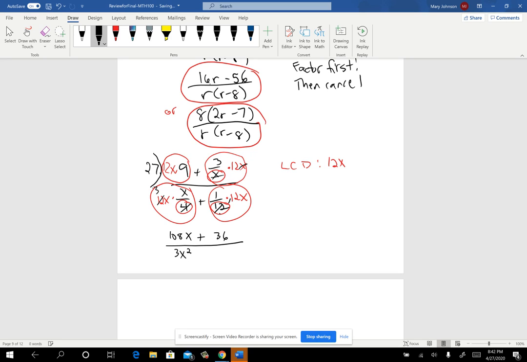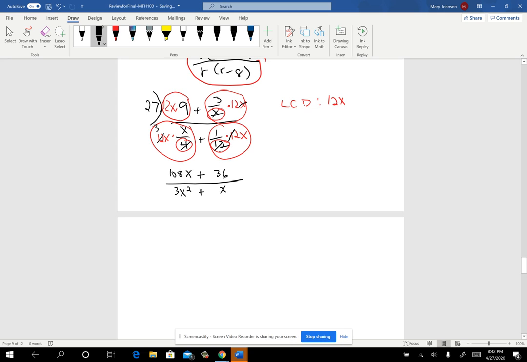And then here, the 12 cancels out, and we have an x. Okay? So what we were able to do on the complex fractions is clear all the little fractions by multiplying the top and the bottom by the same thing. And then I like to go ahead and distribute that 12x while I'm at it. Just saves me a step or two.